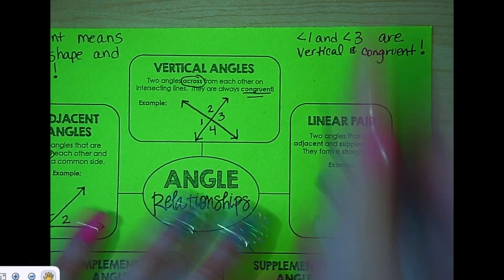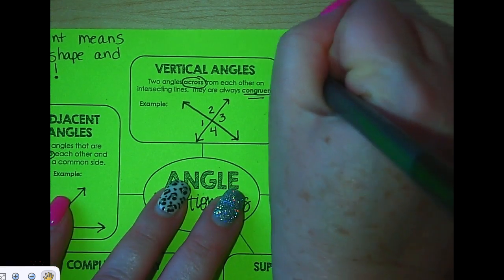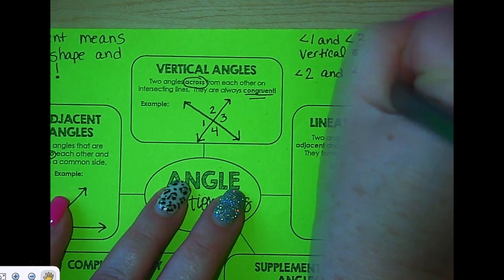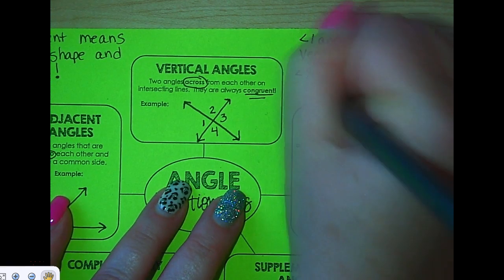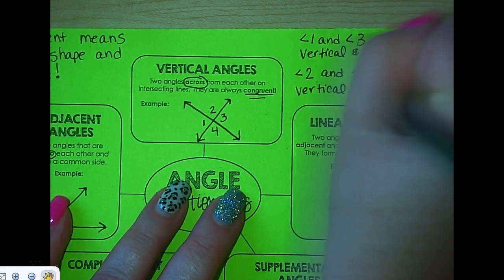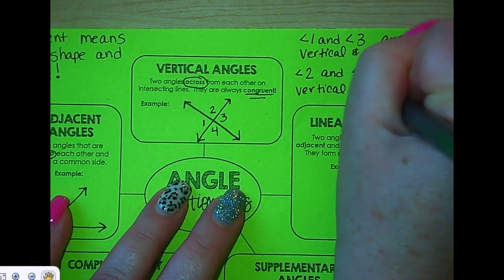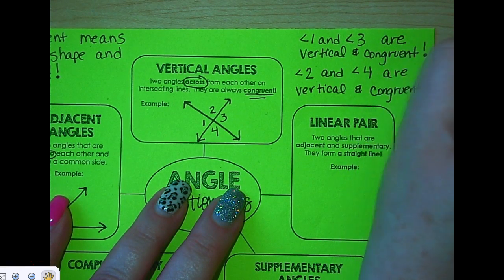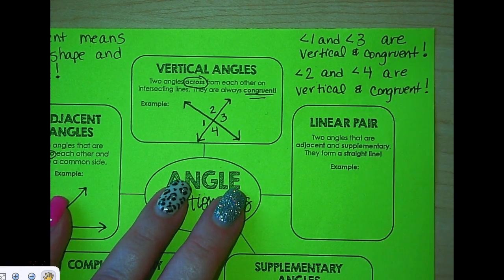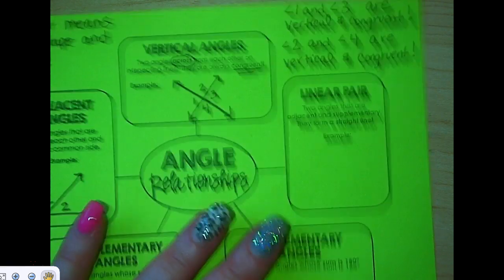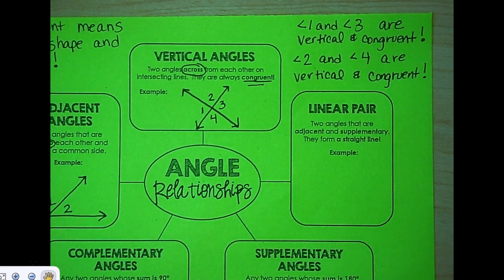So we're also going to say that angle 2 and angle 4 are vertical. And what's the other word? Congruent. And what does congruent mean? Same shape and same size. And so that's going to help us do some math with some angles.